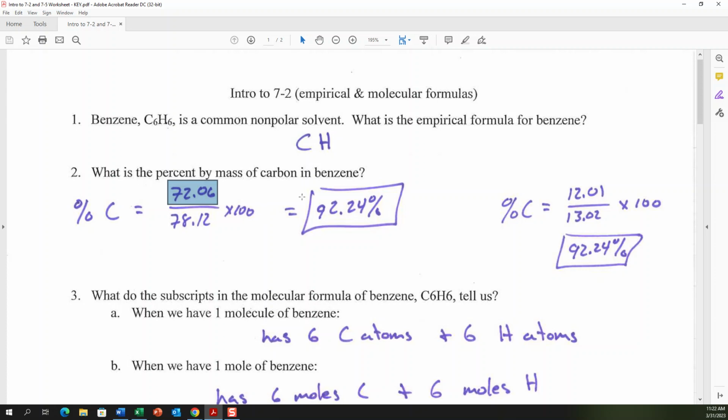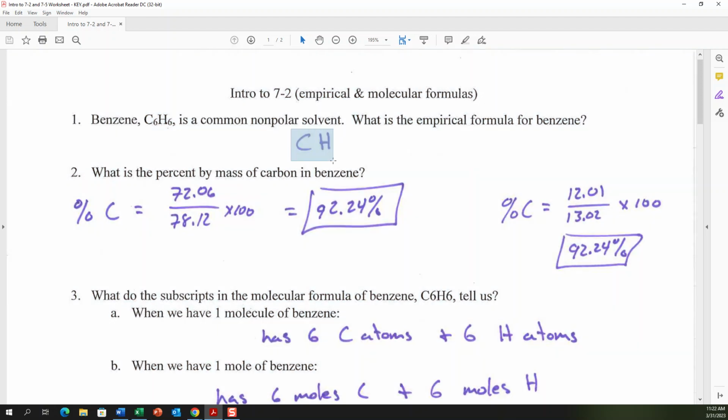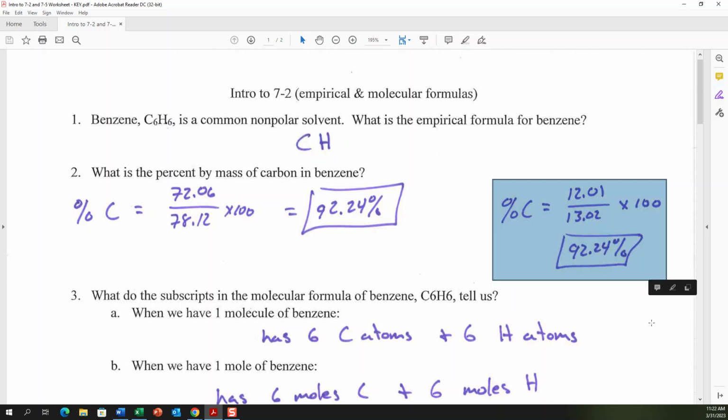If you wanted to figure out the hydrogen, then because it only has 2 different elements, all you would have to do is subtract this from 100 to get the percentage of hydrogen. Now, a thing I want you to understand is, if we found the percent carbon in benzene's empirical formula instead, notice we get the same percentage.